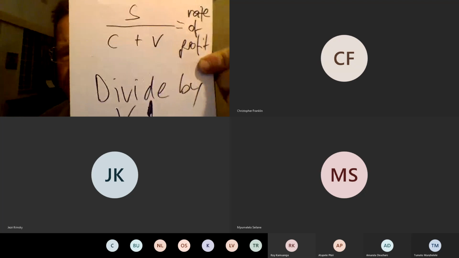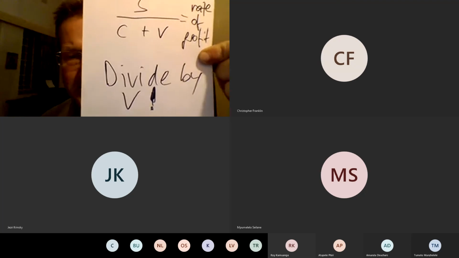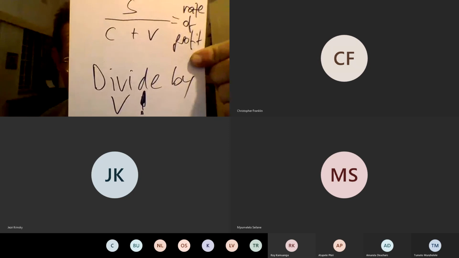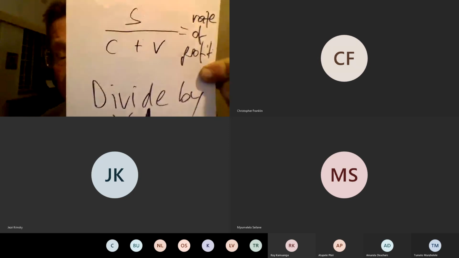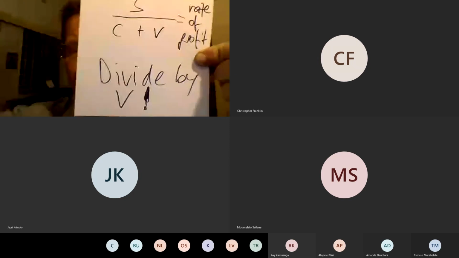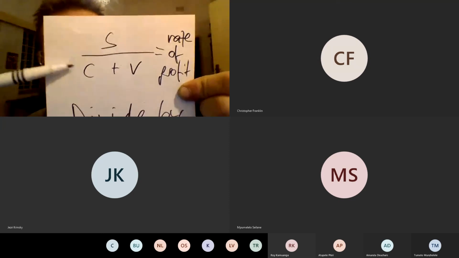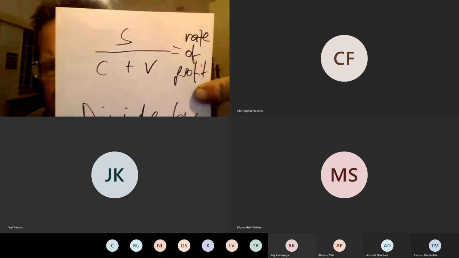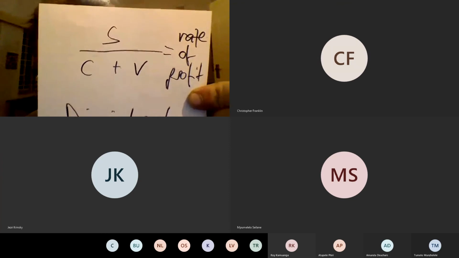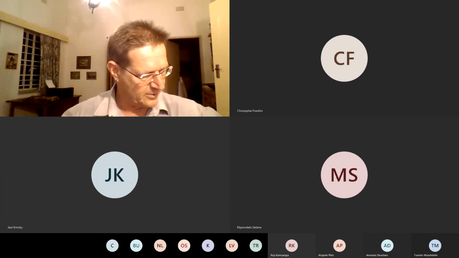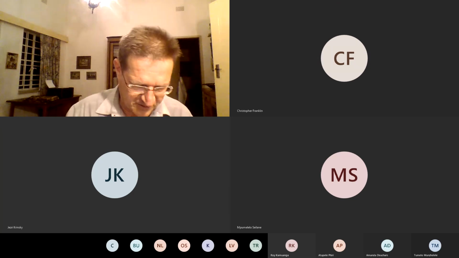That's especially for those students who don't like maths. We're just going to do that exercise: we're dividing the whole expression by V. What does dividing by V mean? Well, whenever you see an expression above the line or below the line, you divide that expression by V. So that will mean, let me write that for you again.